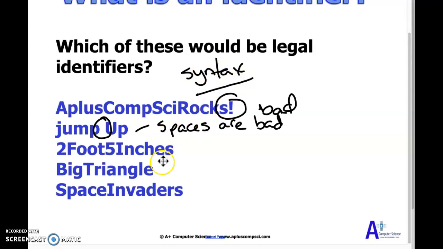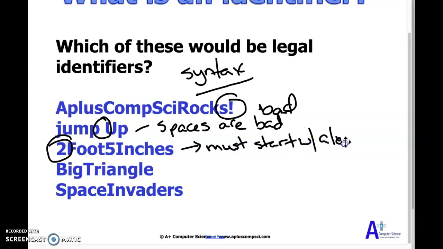Syntactically, these are bad, and the program would not run. This one starts with a 2, but it must start with a letter, so it's bad. These two are okay. There are no spaces, and they start with a letter.